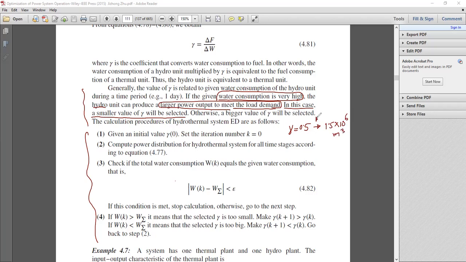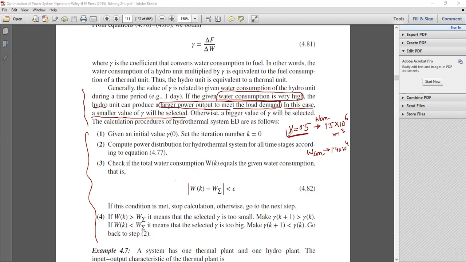This is your water consumption. Whereas to satisfy the specific demand at that time stage, your available water is, let's say, 1.4 into 10 to the power 6.